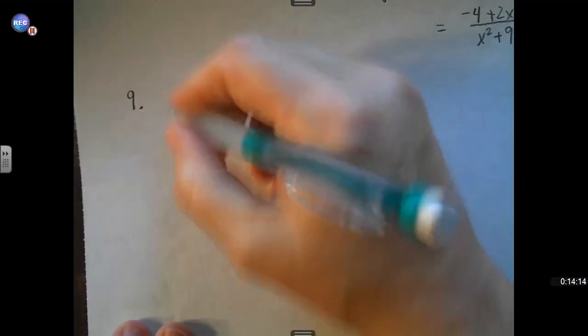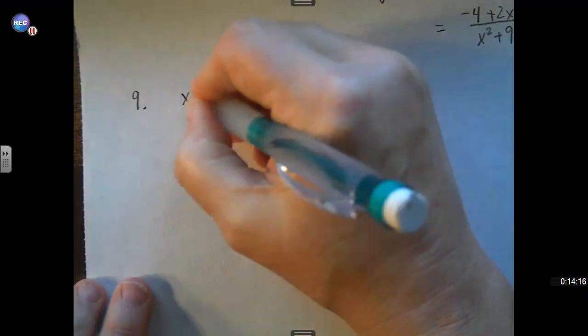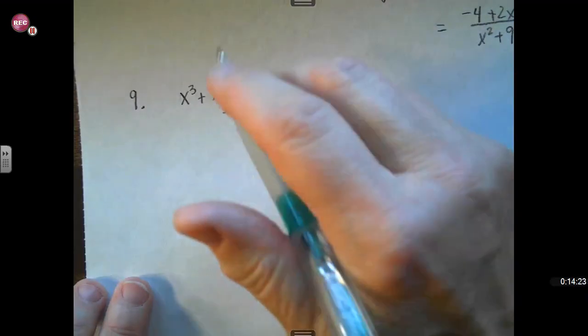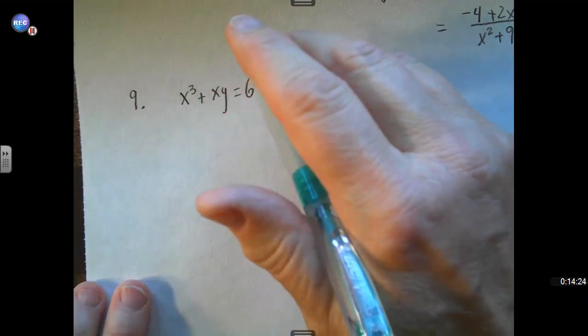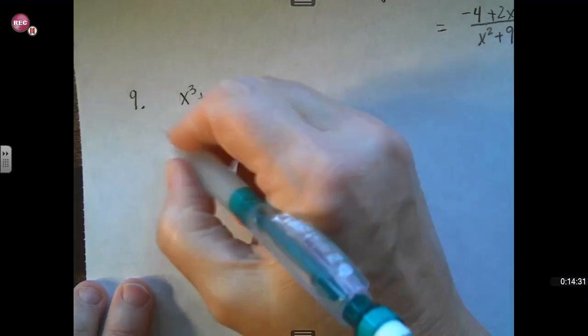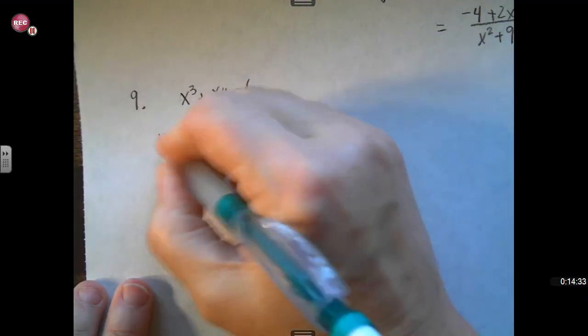Number 9. I give you the equation x cubed plus xy equals 6. And we want to know if it has symmetry with respect to any of those things that are listed on the review. And so to check, the first one is the x-axis.